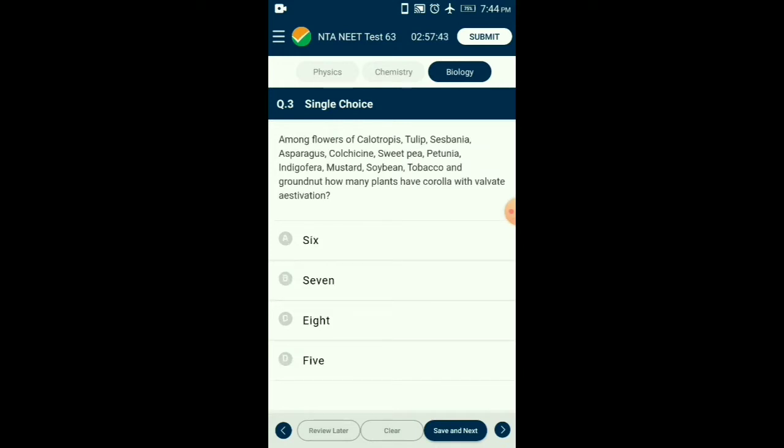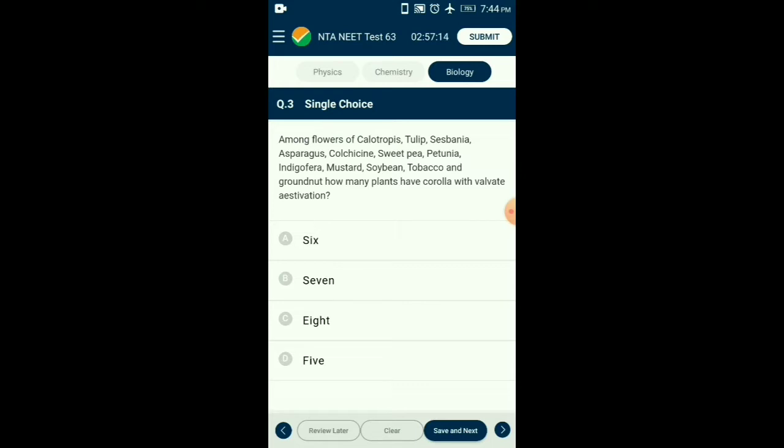Question number 3. Among flowers of calotropis, tulip, sesbania, asparagus, colchicine, sweet potato, petunia, indigofera, mustard, soybean, tobacco and groundnut, how many plants have corolla with valvate aestivation? Valvate aestivation is present in members of Brassicaceae, Solanaceae and Liliaceae family.